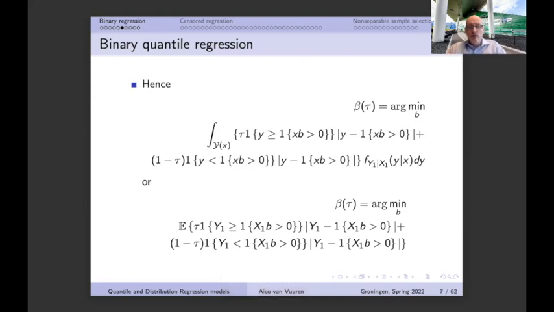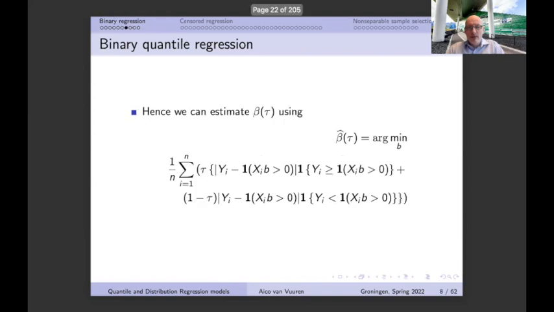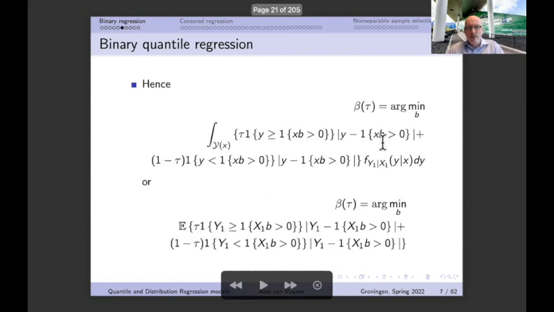Well, if two functions are exactly identical, then they should also have the same minima. So that implies that this function over here, at the moment that n goes to infinity, has a minimum exactly equal to the minimum of this function that we have over here. And that is, of course, by definition equal to beta tau.